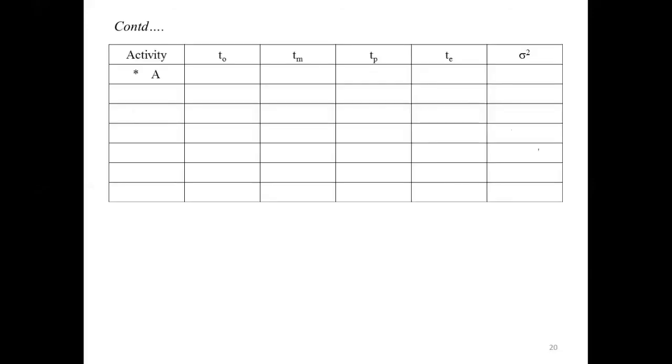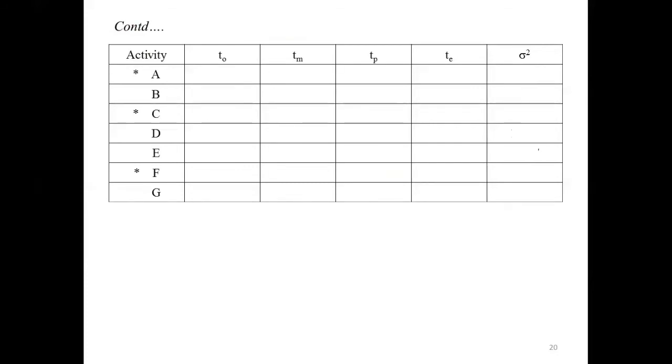The next, you have to construct the table, that is to determine the variance of each activity and the TE value. Whatever activities are given in the question, in the same manner you have to write them, and you have to represent it with a star mark for the critical activity.